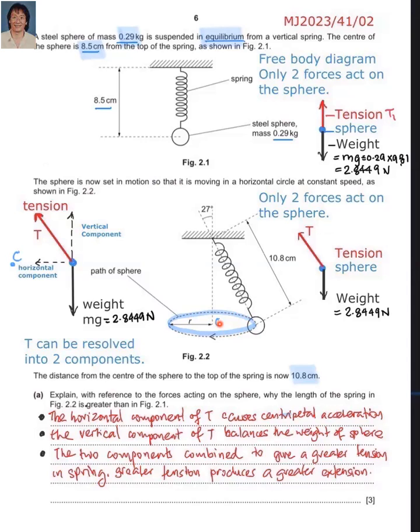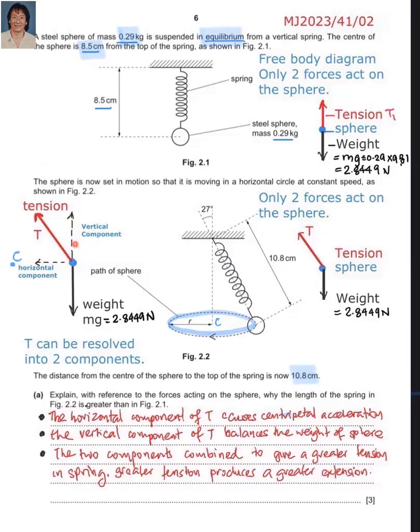The free body diagram for the situation in 2.2 is given by this diagram. We have a tension in the spring, which is represented by T, and similarly, there's the weight of the sphere acting downward. These are the only two forces acting on the sphere. Now, this tension can be resolved into two components, the vertical component and the horizontal component.